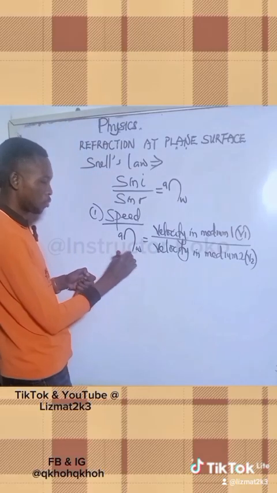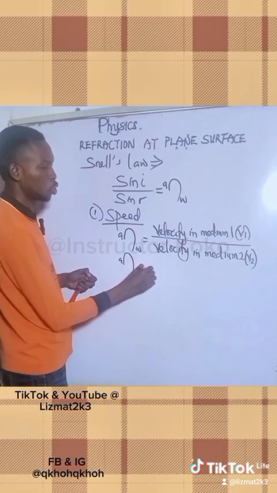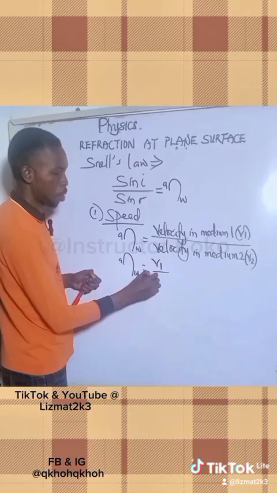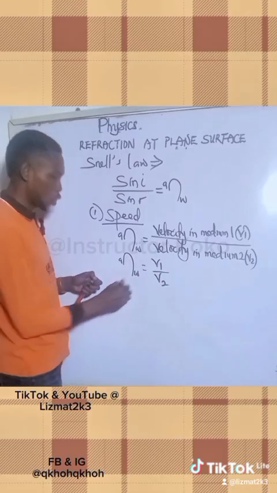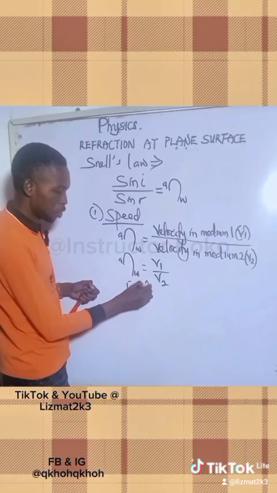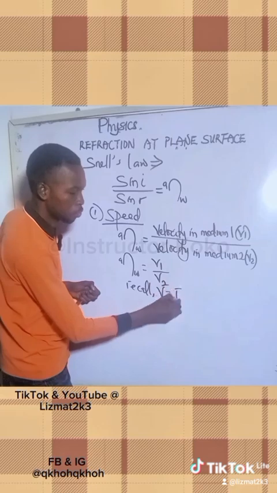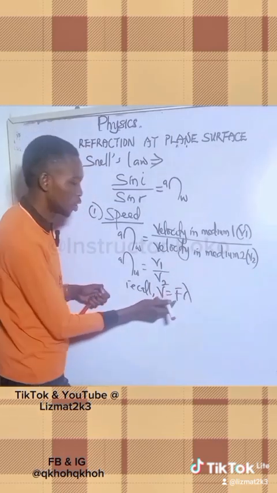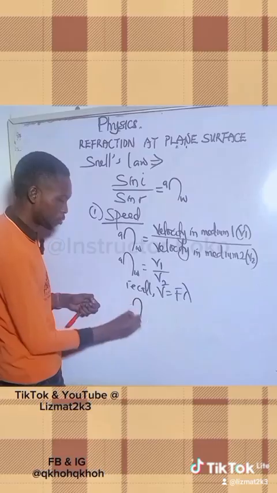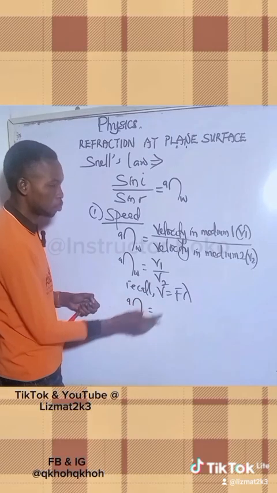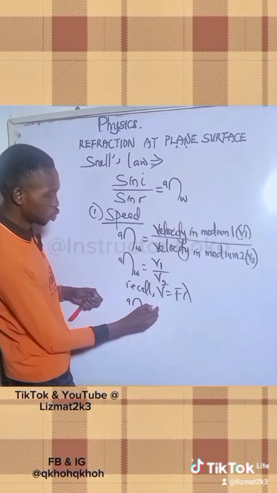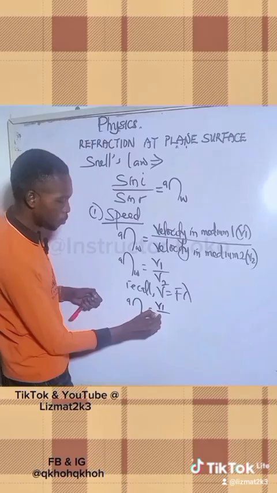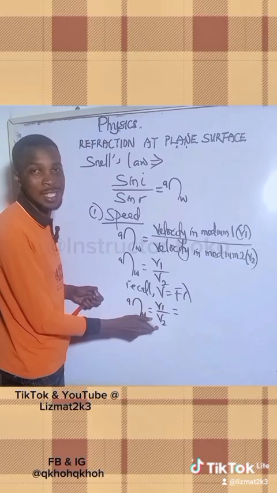So we can say the refractive index is equal to V1 divided by V2. If you recall, the velocity of a wave is given as frequency times lambda, that is frequency multiplied by wavelength. Substituting it here, the refractive index of the two media is equal to velocity in the first medium divided by velocity in the second medium.